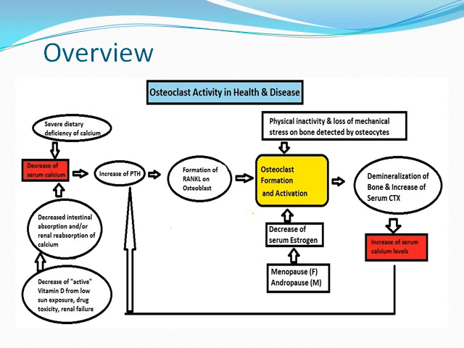So this is different from just not being in physical condition and not taking your daily walks and stimulating bone growth with weight-bearing exercise. Now, also with menopause and andropause, shown at the bottom there, there can be a decrease of serum estrogen, and once the estrogen levels drop, this will lead to activation of osteoclasts as well.